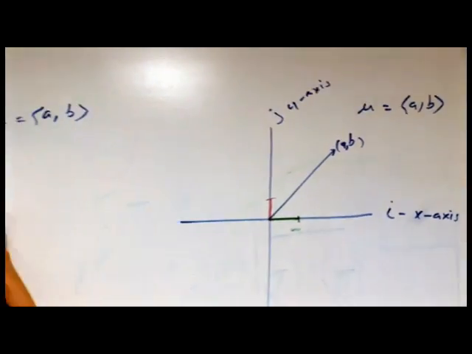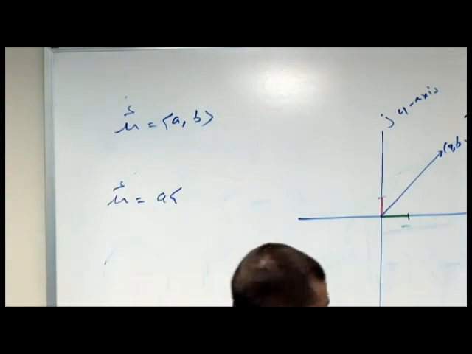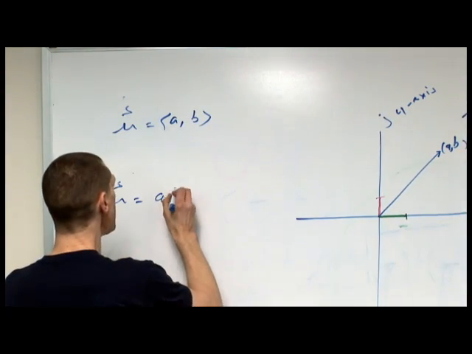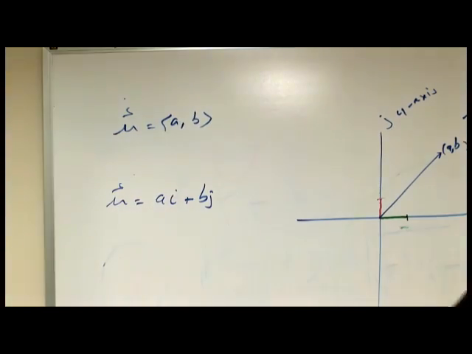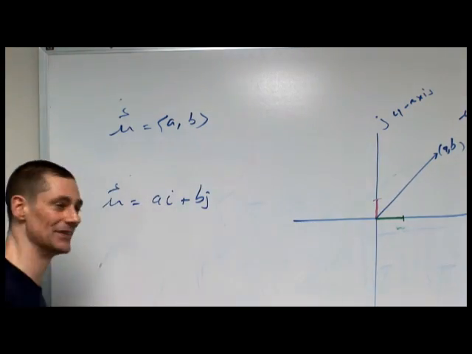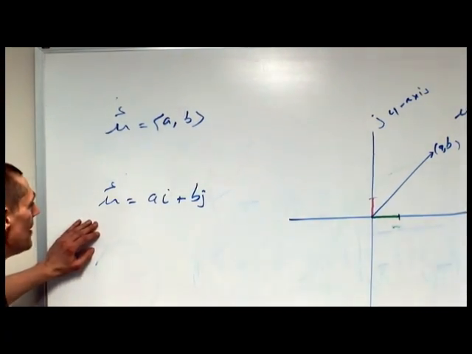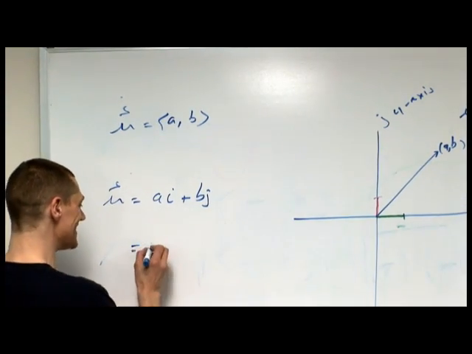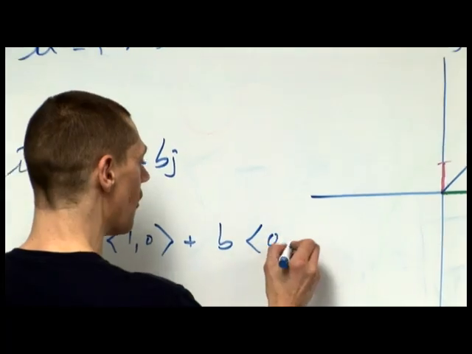This is u is equal to ai plus bj. And it just occurred to me having bj there wasn't the smartest thing I did all day. However, it happens. It's not my fault. Let's see what this is. This is a times (1, 0) plus b times (0, 1).